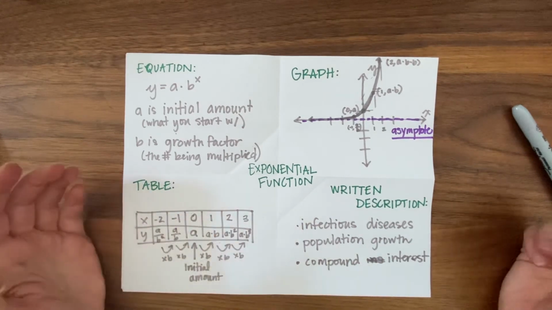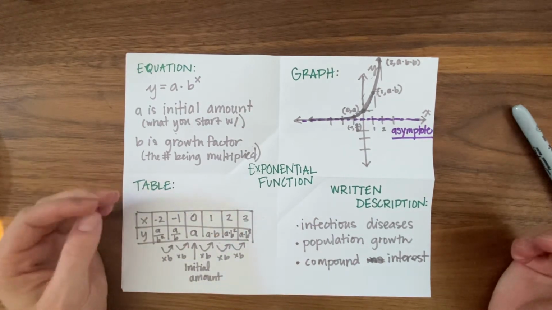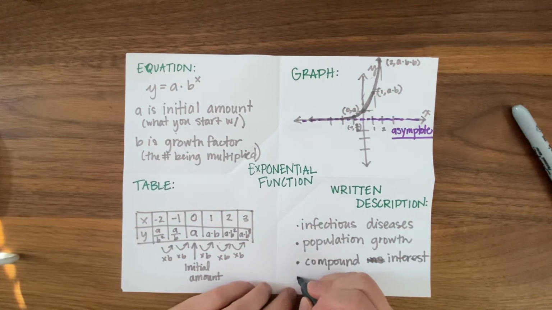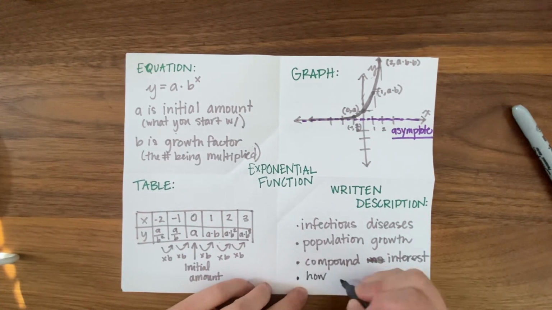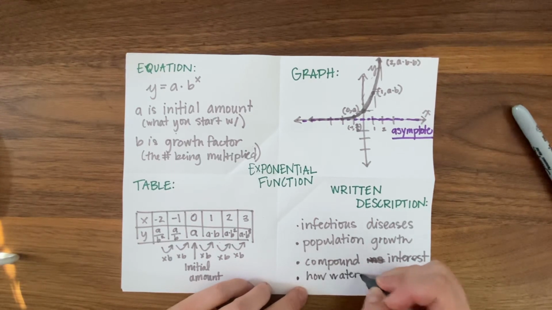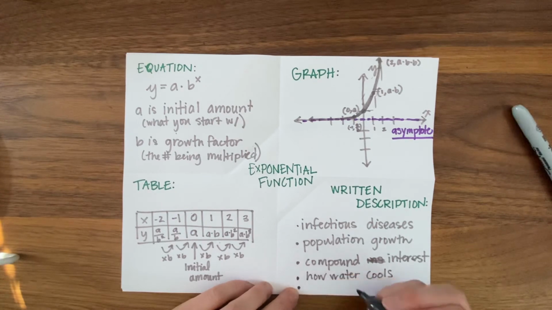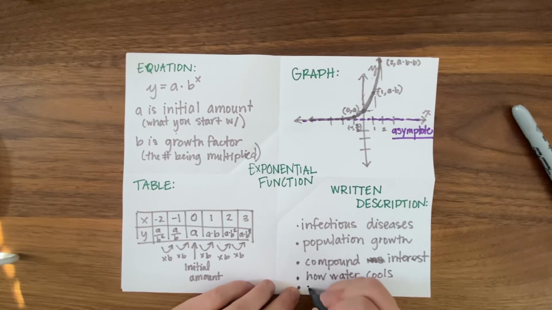We'll also look at exponential decay this week, and we'll see some examples where exponential decay occurs, like how water cools. I mean, hey, that's fun, right? Or how things of value depreciate, like a car.